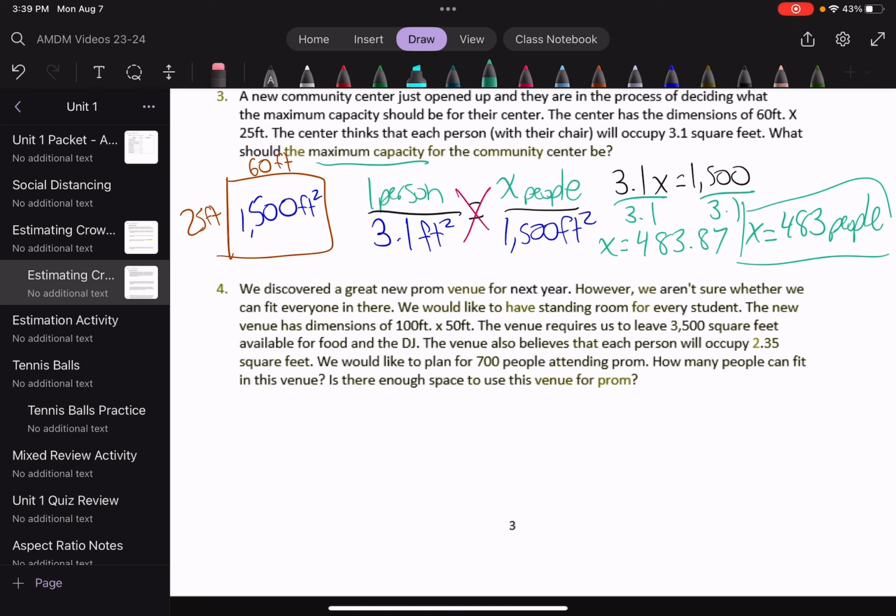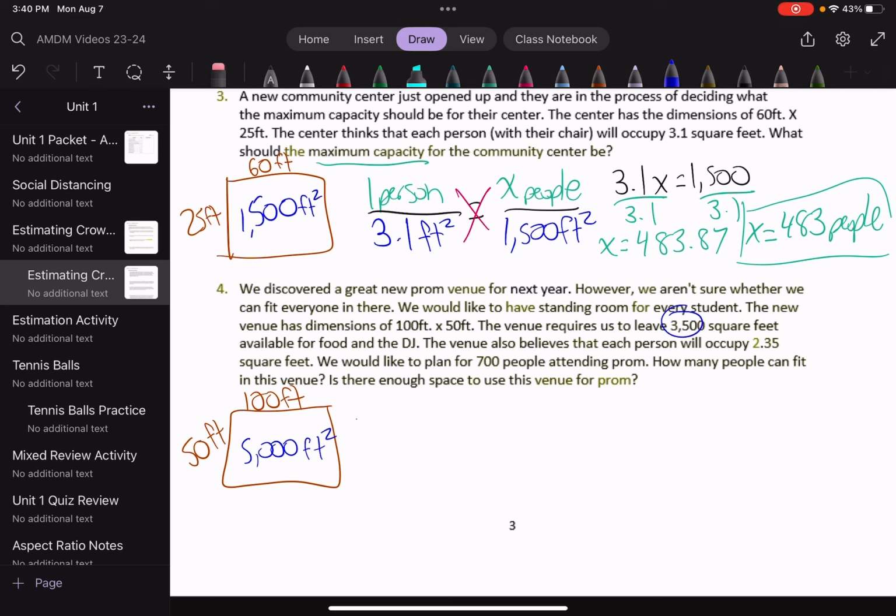First things first, we got a square that's 100 feet by 50 feet. So that means it's got an area of 5,000 square feet. But we can't use all of that. We have to leave 3,500 of that square feet available for food and DJ.